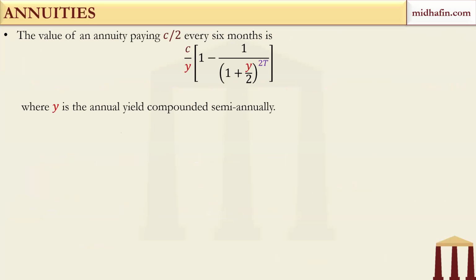Now let's move forward and talk about another thing, that is annuities. I have defined it in one of the previous chapters: an annuity is simply the dollar value that I need to invest today in order to receive $1 at each period.